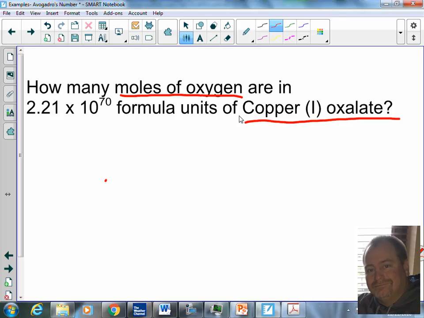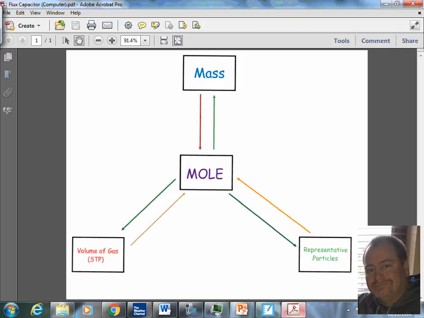No, it's apples to oranges again. I cannot do that. So, when I come back to my flux capacitor, before I can start, I need my representative particles to be in atoms of oxygen, right?